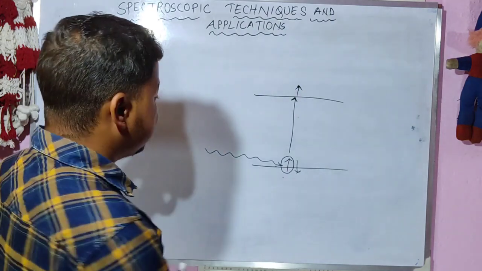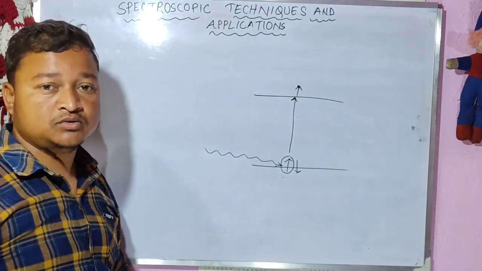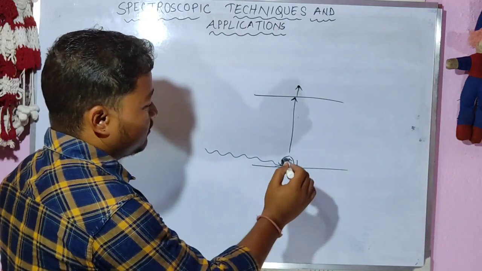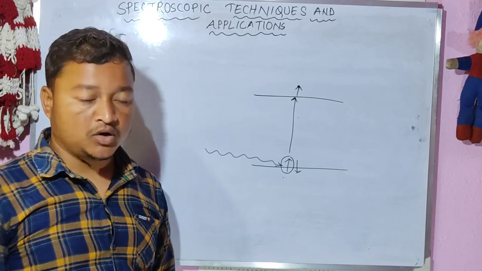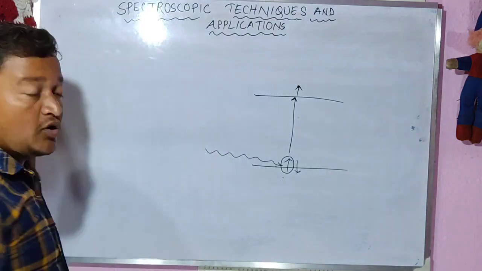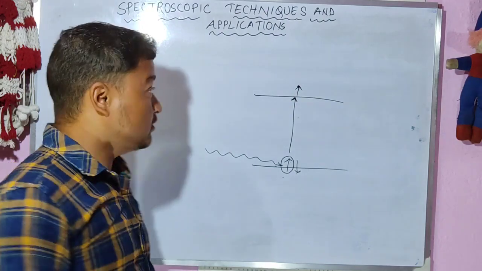Okay, so there are some basic rules about which transitions occur and which do not. These rules are called selection rules. There are three selection rules.